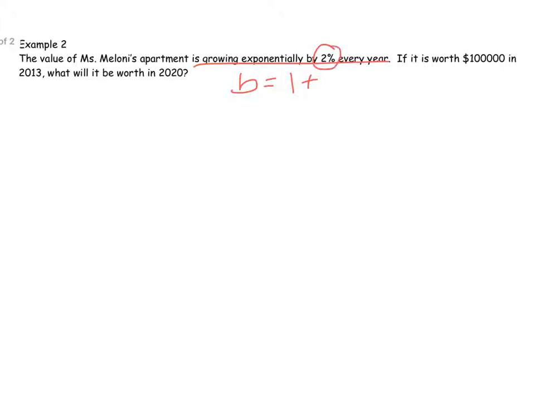Remember that 2% is 2 divided by 100, or 0.02. So my B value is 1.02. My initial value is $100,000. That's my A value, and it was bought in 2013. So that is my starting time.